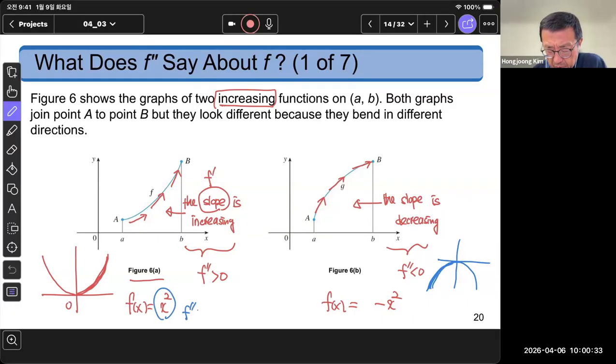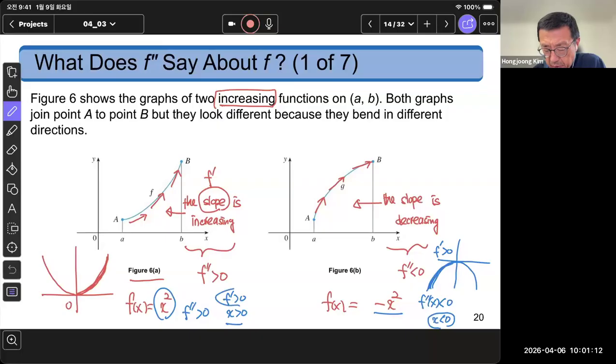And in the case of x squared, f double prime is positive to the right of 0, and when negative x squared is considered, f double prime of x is negative to the left of 0. So on this interval, f prime is positive.